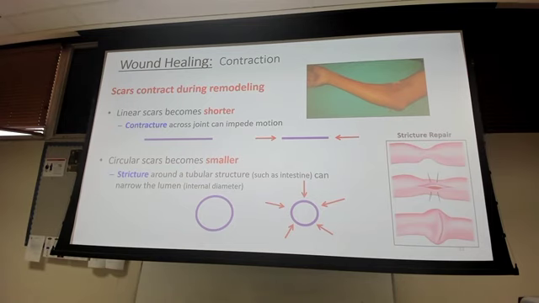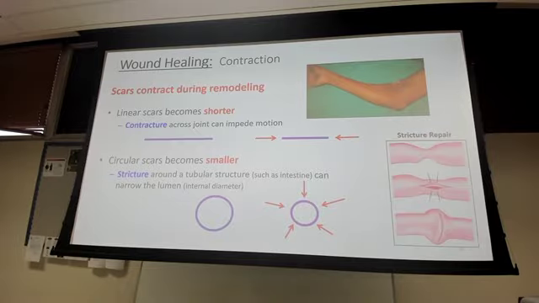Now, if we have scars that are circular, and typically you'll see this if a patient has surgery, maybe on their intestines or somewhere near their esophagus, that scar can actually become smaller, so it can become narrower. If that happens, it can impede the lumen of whatever the scar is around.